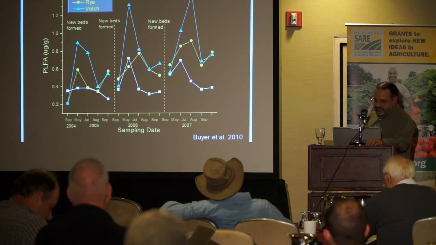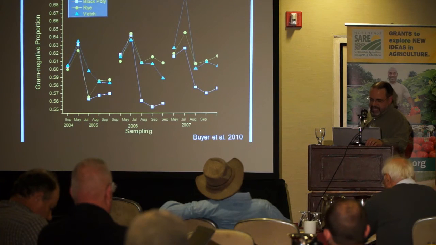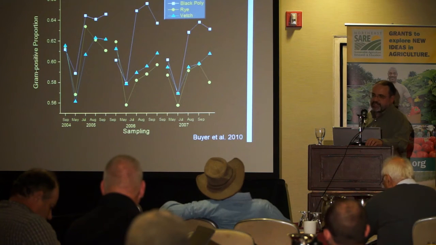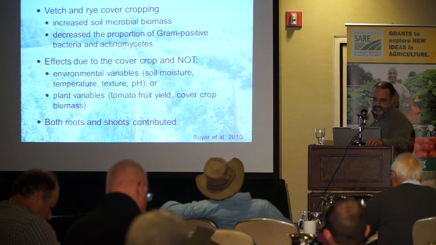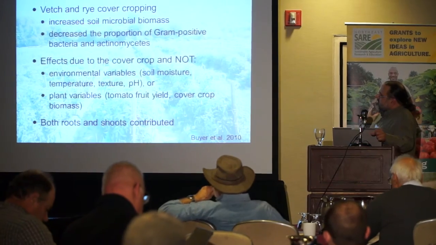They also had more fungi, and they had more gram-negative bacteria, a subset of the total bacterial community, but they had less gram-positive bacteria with the cover crops. So what's going on? Here's Jeff's assessment: vetch and rye cover cropping increased soil microbial biomass. That's pretty straightforward.